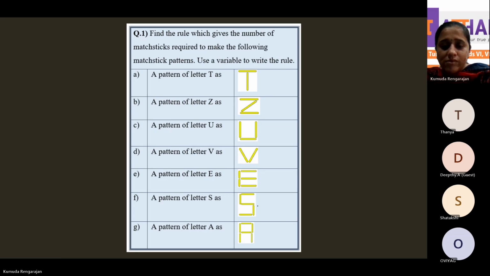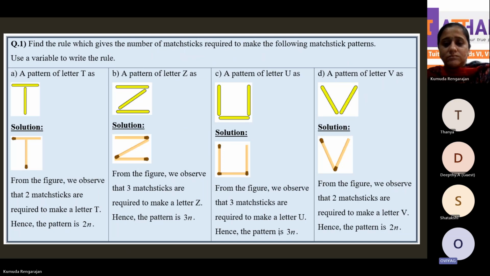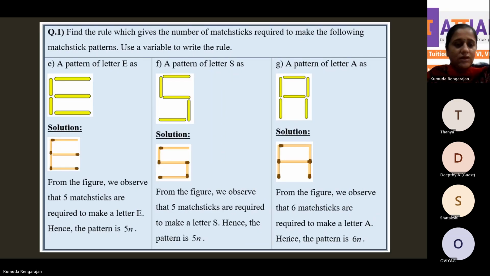This one? 5n. 1, 2, 3, 4, 5. This one? 1, 2, 3, 4, 5, 6. Correct? Yes, ma'am.